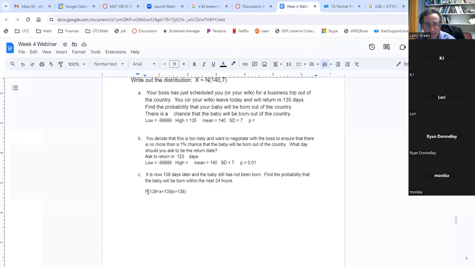So what we want is the probability that the baby is born between day 138 and day 139, given that the birth is greater than 138. Is that clear? And then we had a formula.